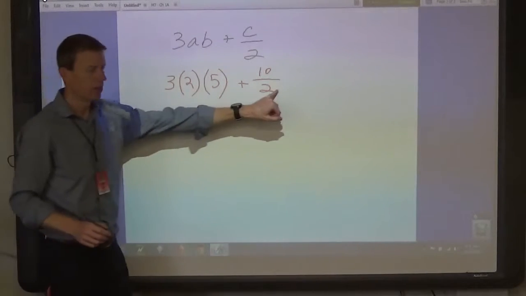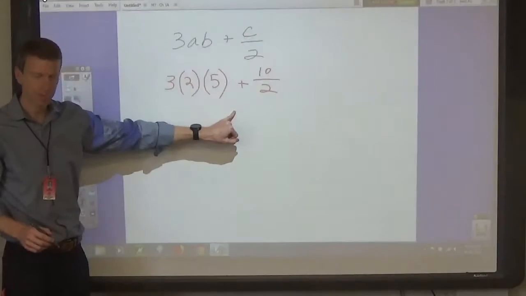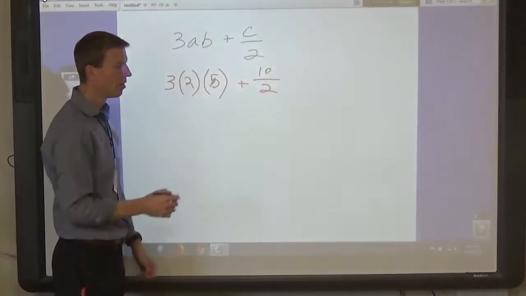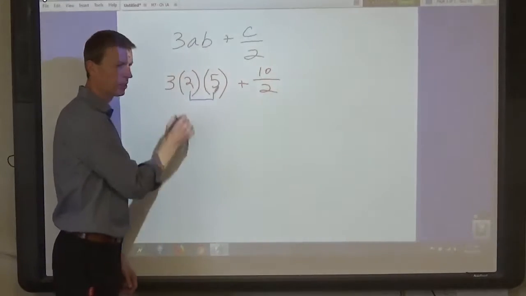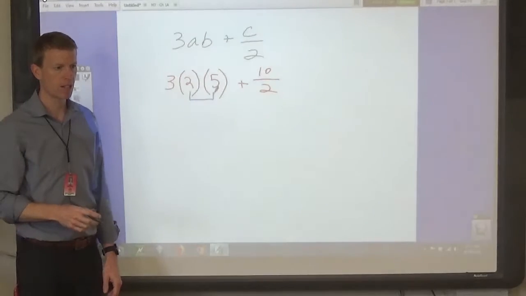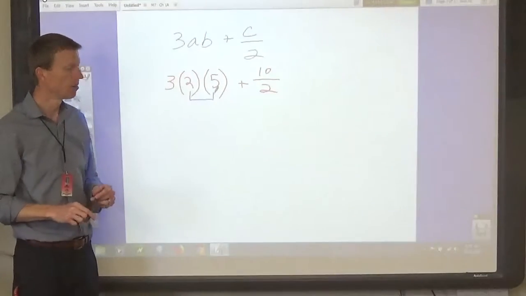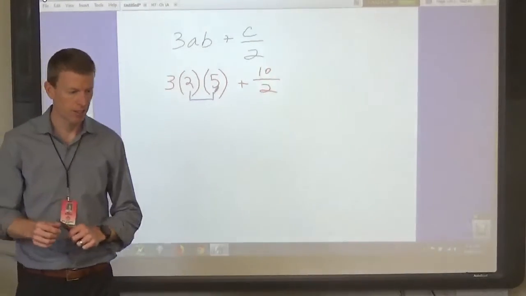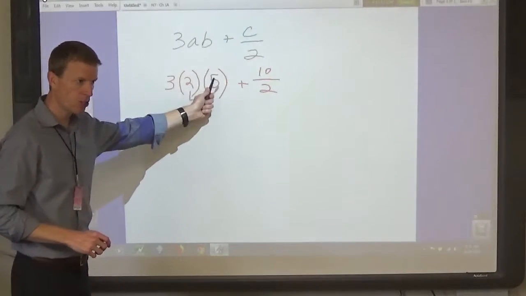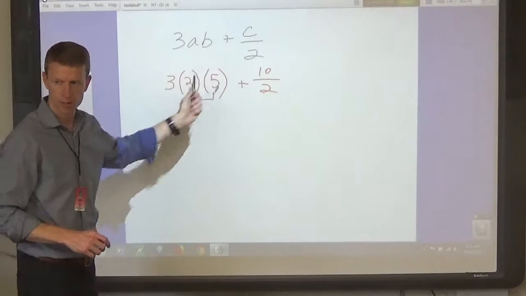So you have to use the order of operations again. 3 times 2 times 5. Could we do 2 times 5 first and then take it times 3? Yes, because of the commutative property of multiplication. The commutative property says, as long as they're all multiplication, we can do them in any order.